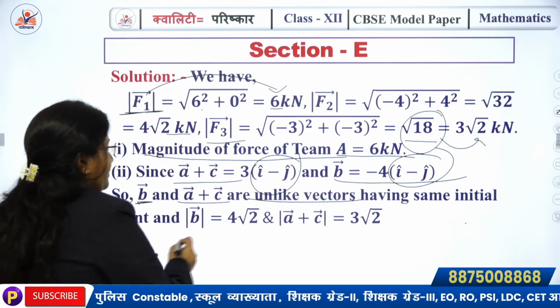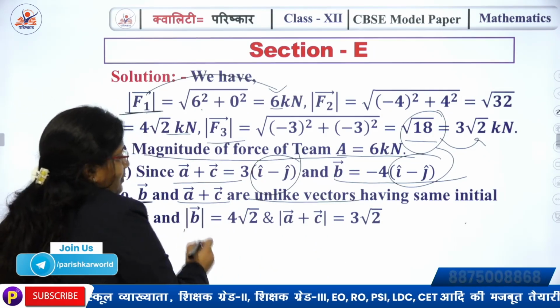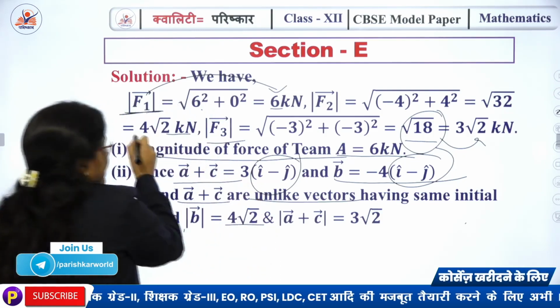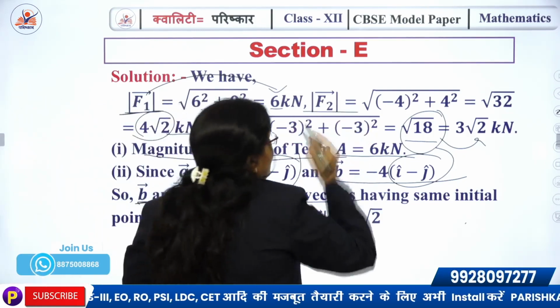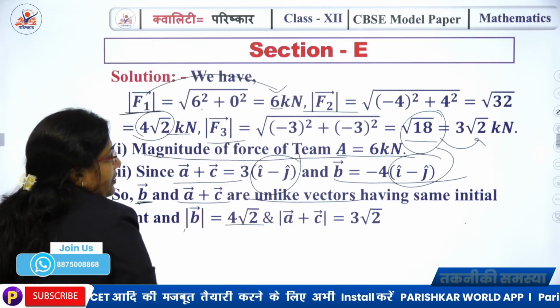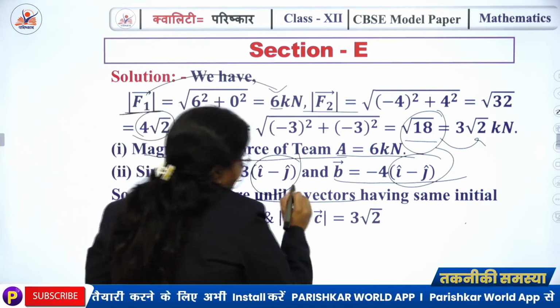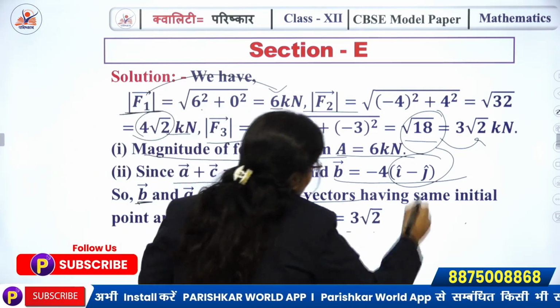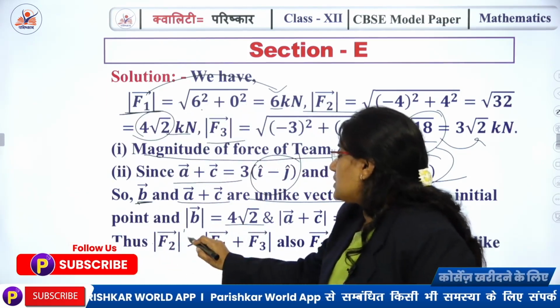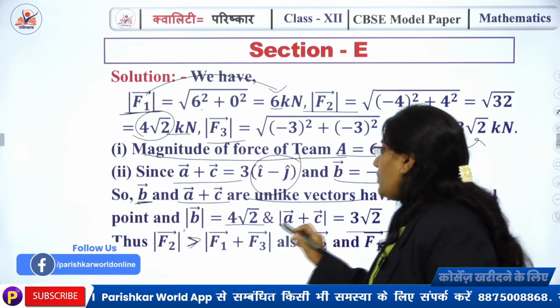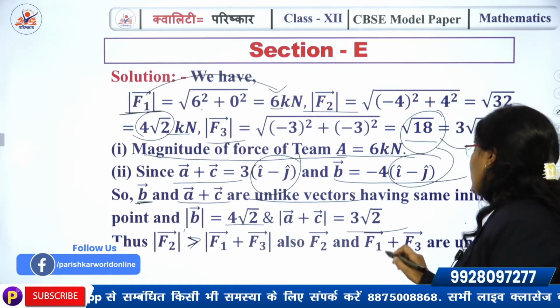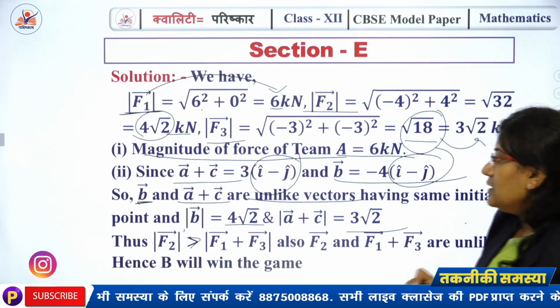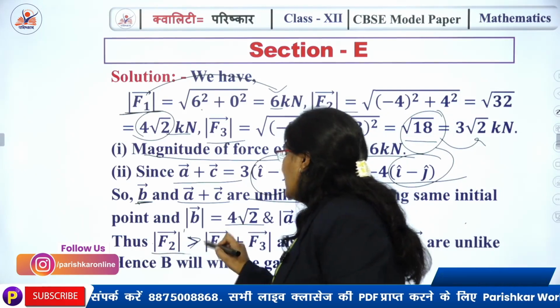The magnitude of F2 is 4 root 2, as we have already calculated, and the magnitude of F1 plus F3 is 3 root 2. The magnitude of F2 is greater than the magnitude of F1 plus F3. Also, F2 and F1 plus F3 are unlike vectors. That means F2 is greater than F1 plus F3.